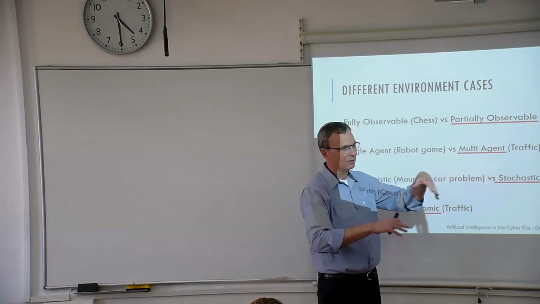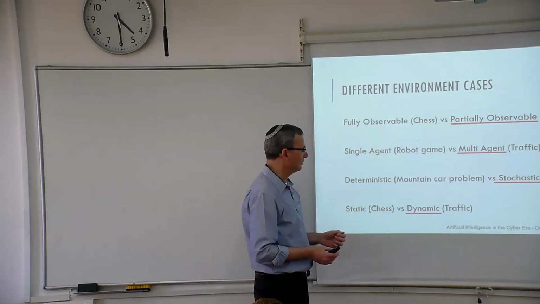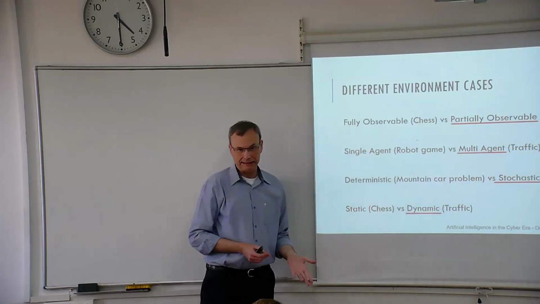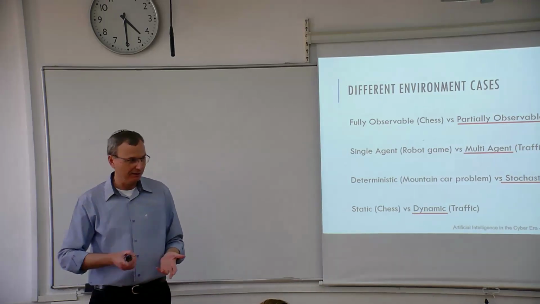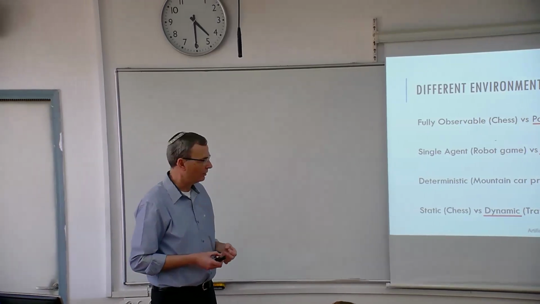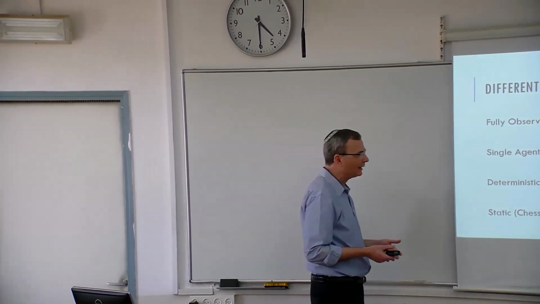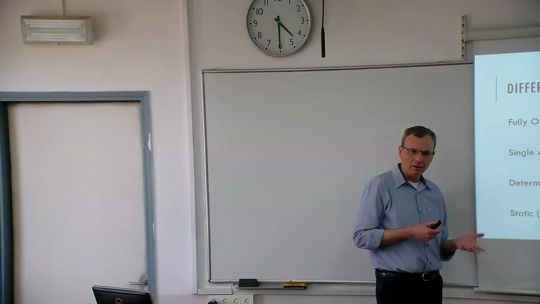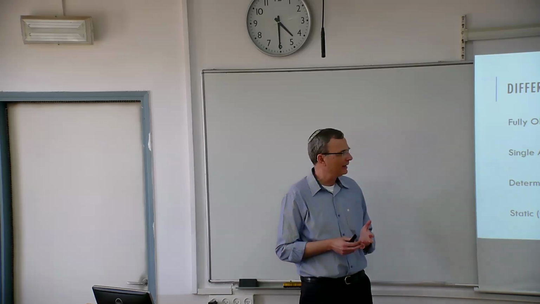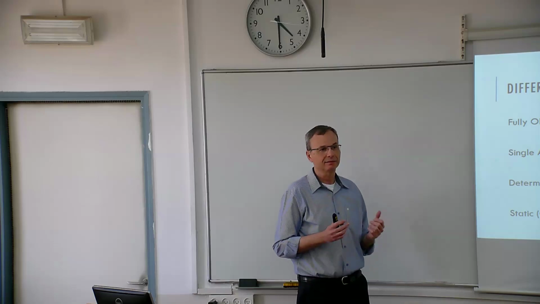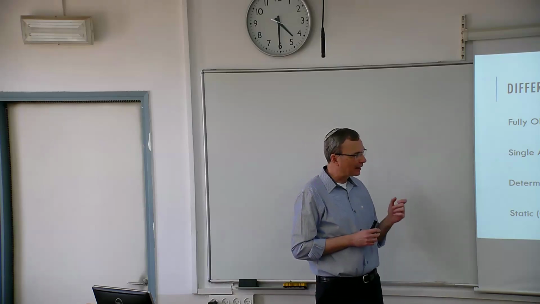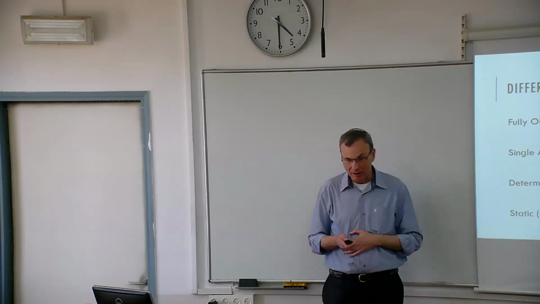It's stochastic because many, many things are happening around you, and it is dynamic. So unfortunately, many good examples of usage of reinforcement learning come from smaller or more constrained environments. Real life is much, much harder.